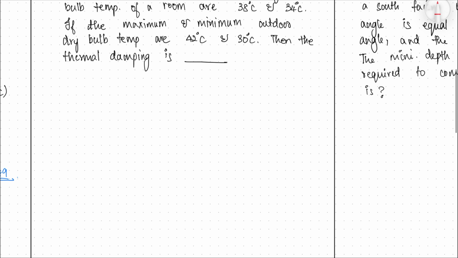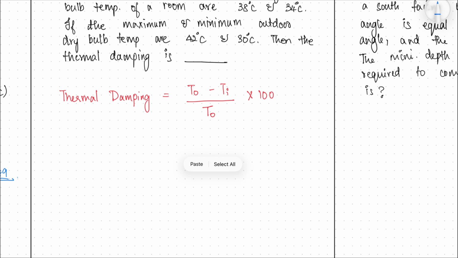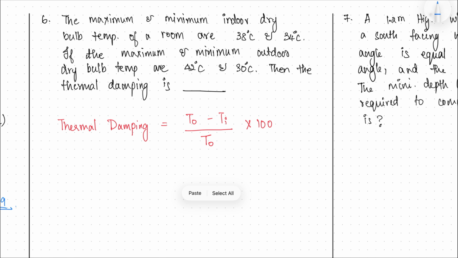Now we know the formula for thermal damping is outside temperature range minus inside temperature range divided by the outside temperature range into 100 because it is expressed in percentage.